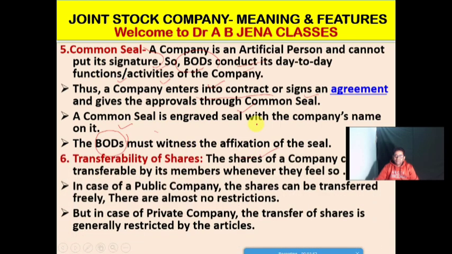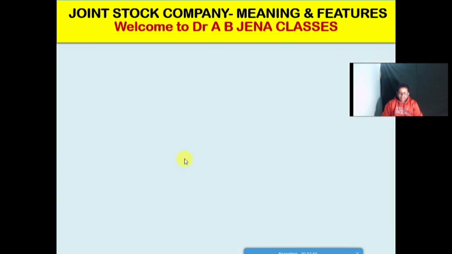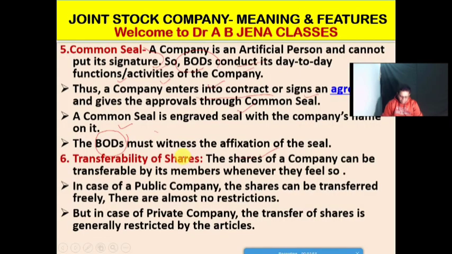The next feature of a joint stock company is the transferability of shares. So here what happens? The shares of a company can be transferred by its members whenever they feel so.